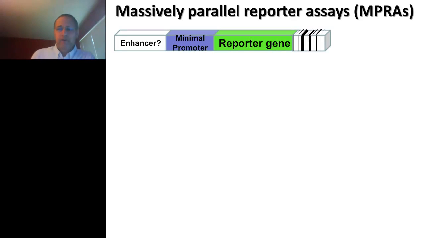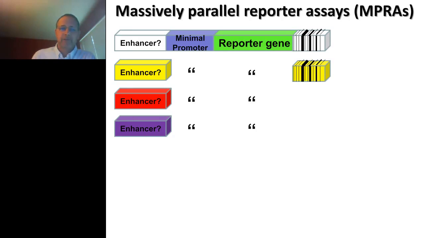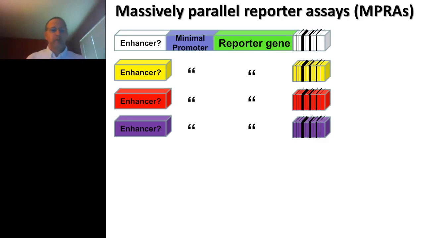In that case, you can start cloning thousands of different enhancers on the left, and thousands of different barcodes on the right. With paired-end reads, where you can sequence the same DNA from the right and from the left, you can assign which barcode goes with which enhancer.